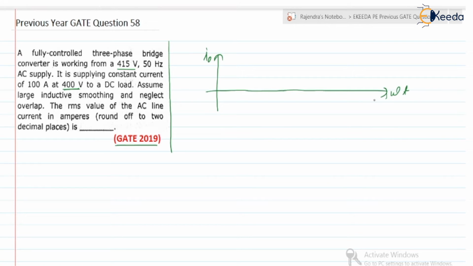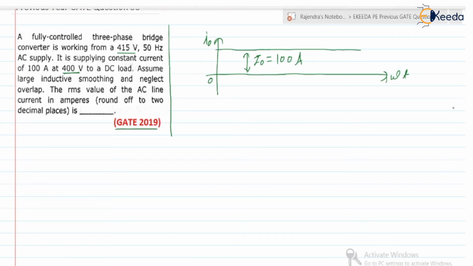Omega t, 0, so it is a constant current capital I0 which is equal to 100 ampere, it is given. Our task is to find RMS value of AC line current.